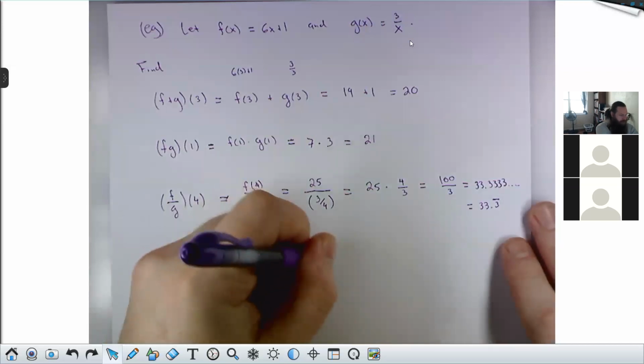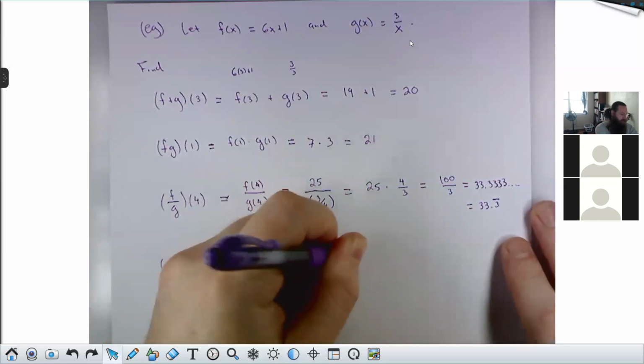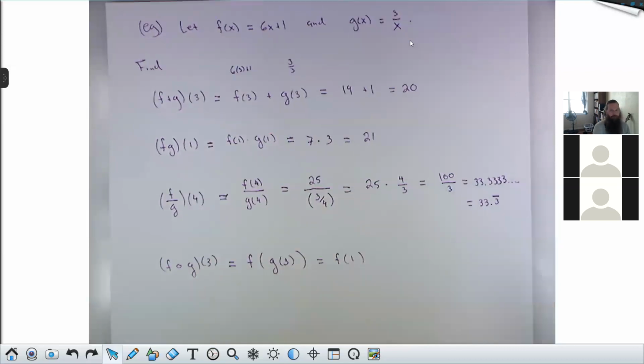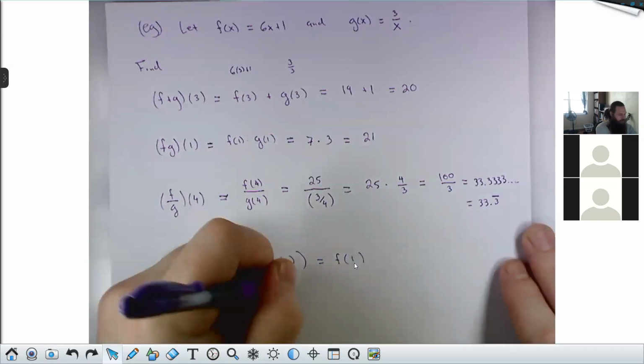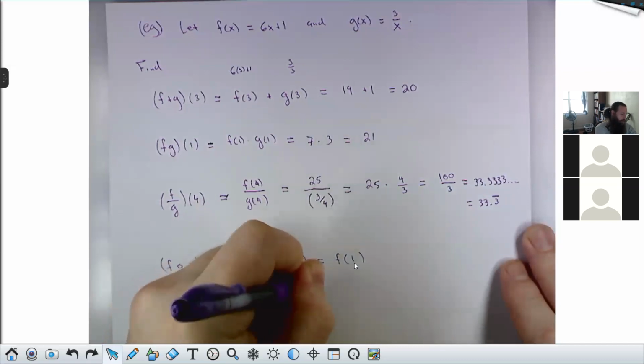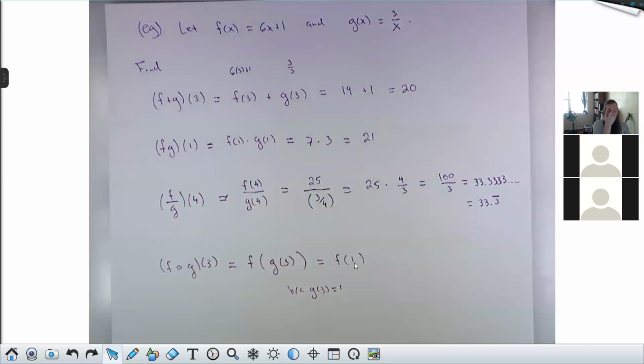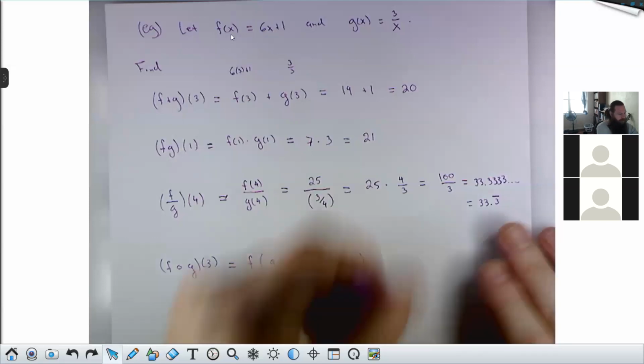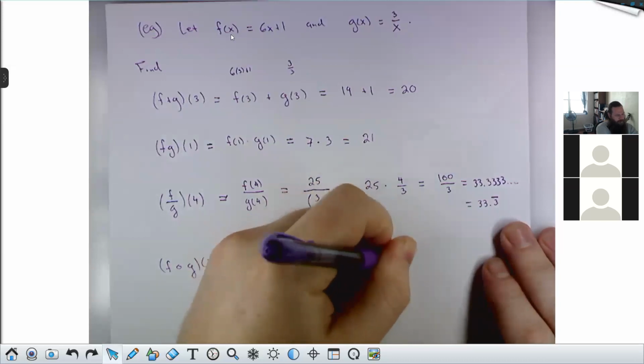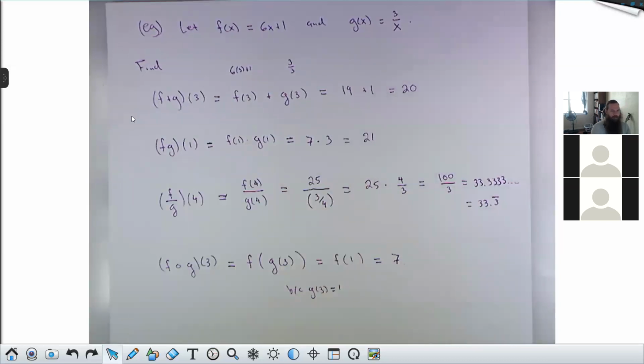So f of g of 3 is f of 1, because the inside thing here, g of 3, is 1. And then f of 1, I've computed that also today. f of 1 is 6 times 1 plus 1. That's 6 plus 1, that's 7. So f of g of 3 is 7.